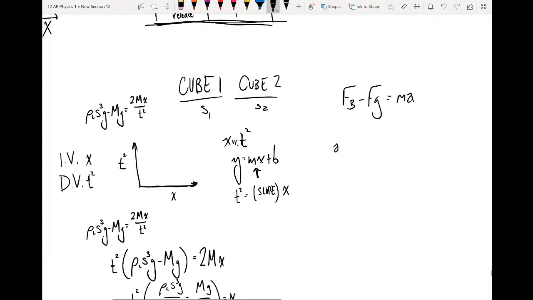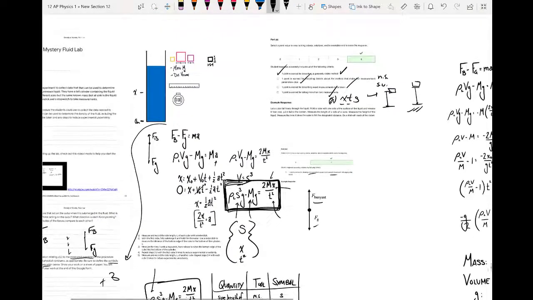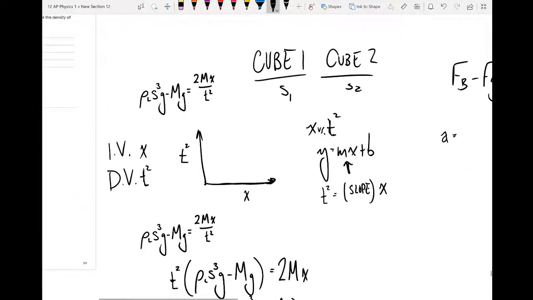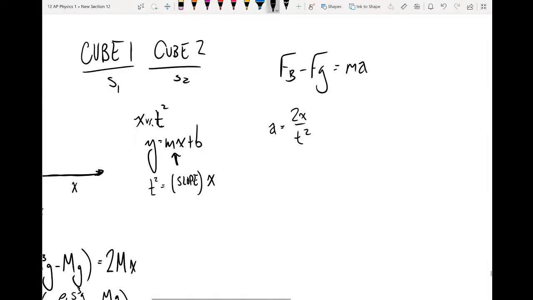They said A was equal to, what do we find for A? So A is equal to 2x over t squared. So they have rho L s cubed times g minus mg, sorry, equals m 2x over t squared.